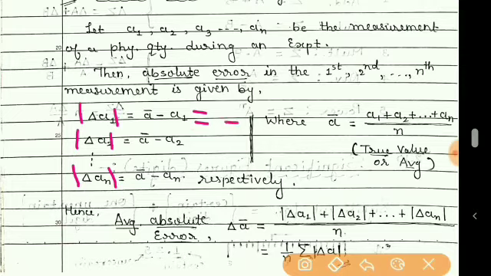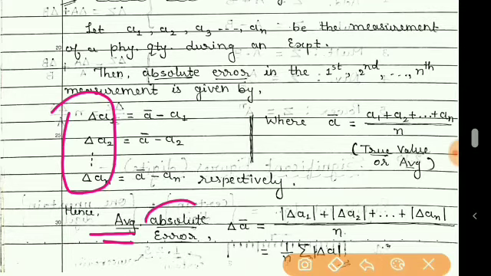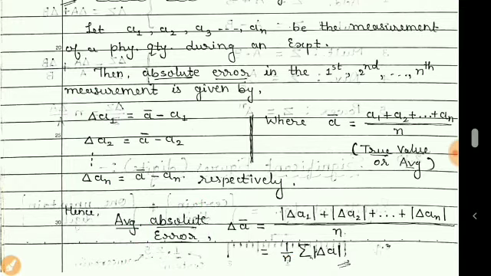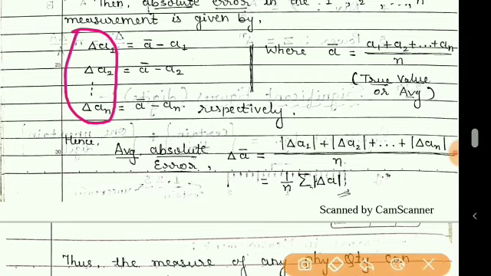Now, after obtaining all these absolute errors, again we will take the average of absolute errors, and so we will get the average absolute error. Now how can we take the average of all these absolute errors? Once again, a similar thing: add all these and then divide by the number of observations.